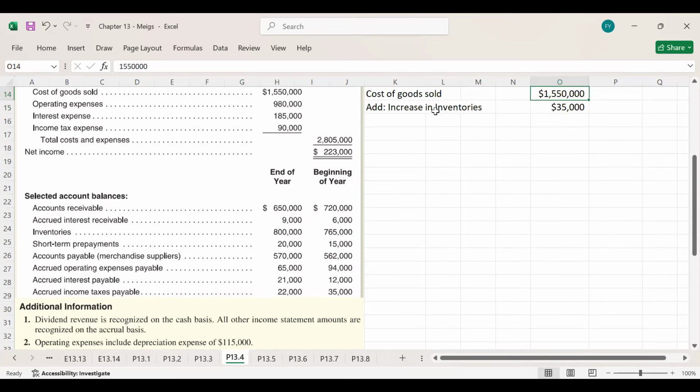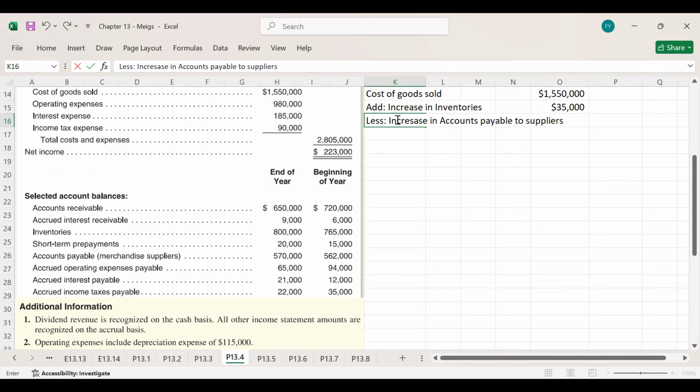So, what we are going to do in the next adjustment is to deduct any increase in accounts payable to suppliers.